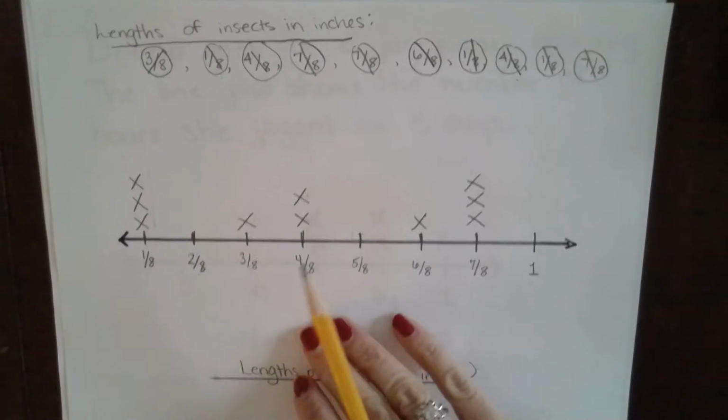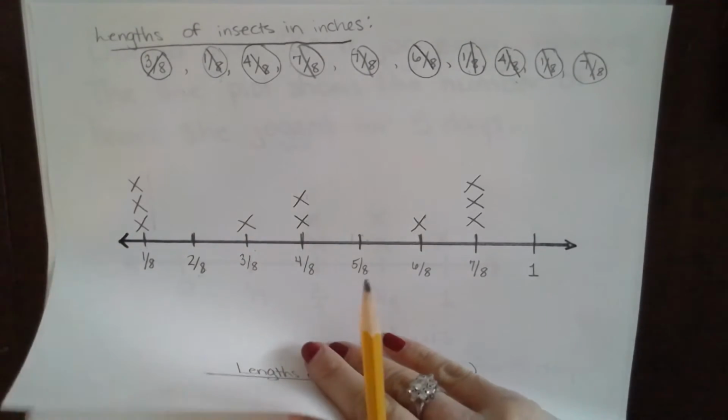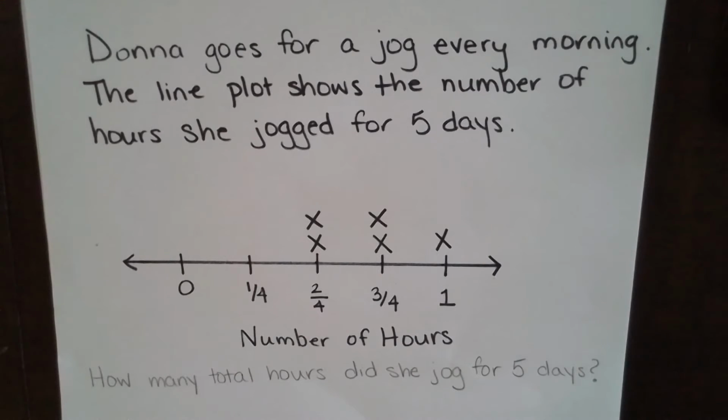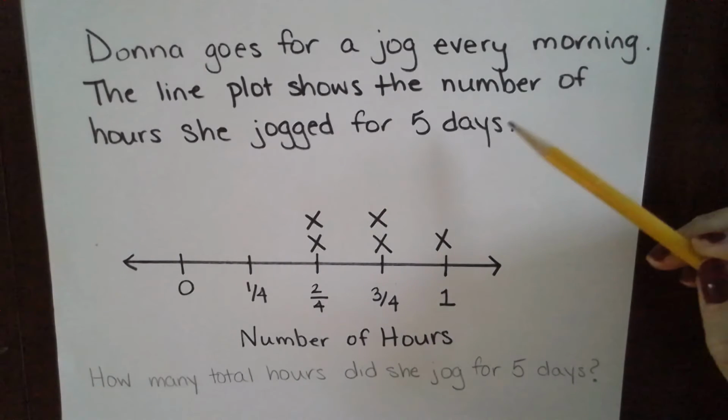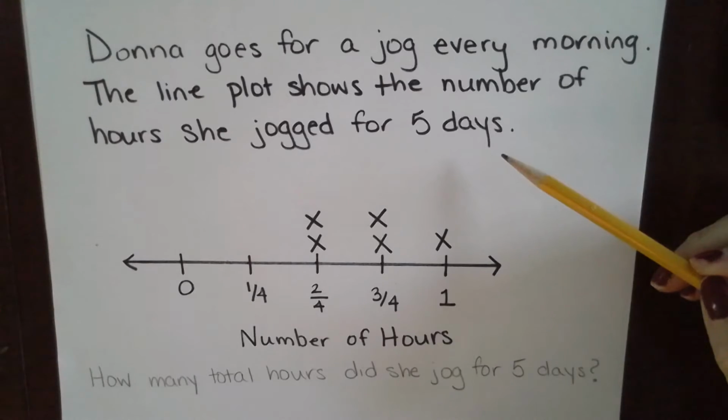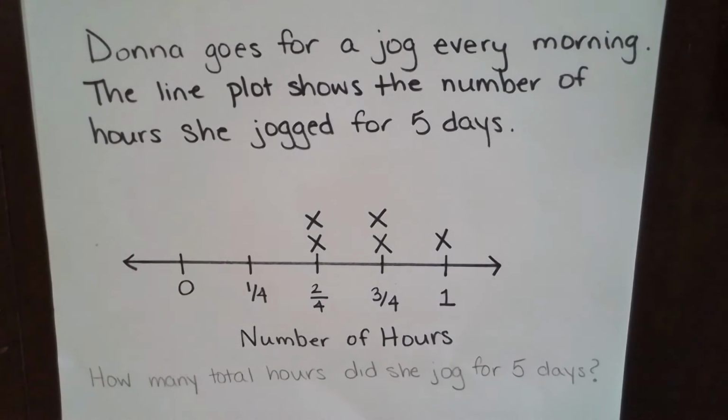Like this. Now we're going to look at a couple of examples and just kind of interpret what it means. So the example here says, Donna goes jogging every morning. The line plot below shows the number of hours she jogged. So what you want to do now is find the number of hours for 5 days.